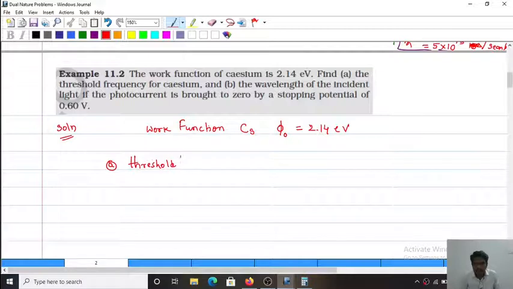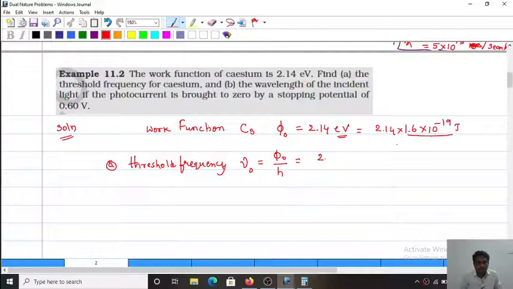Threshold frequency nu naught is equal to phi naught by h. Phi naught is in electron volts; to write it in joules, we need to multiply it by 1.6 into 10 power of minus 19 joules, since that equals 1 electron volt.